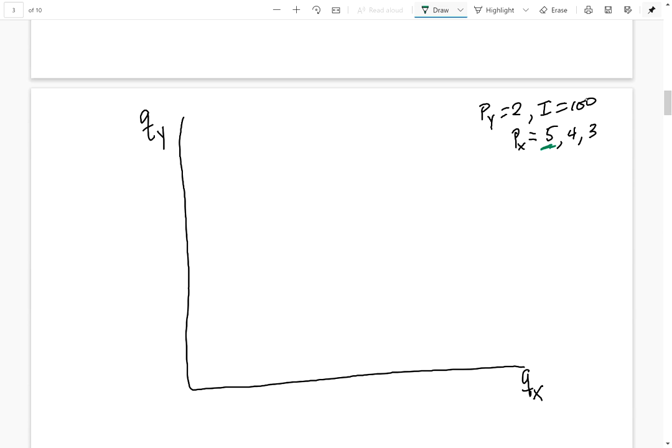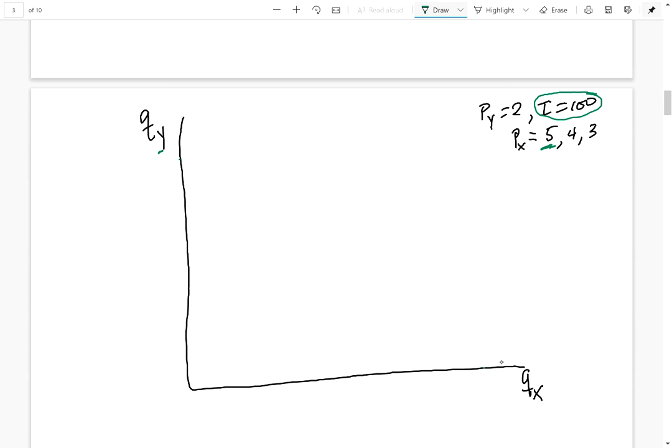So we say that Rory has $100 to spend on good X and good Y. Right, so if she's spending all of her $100 on good Y, then how many units of good Y can she afford? What we're trying to do here is determine our endpoints for the curve, and then we're just going to connect them with a straight line.